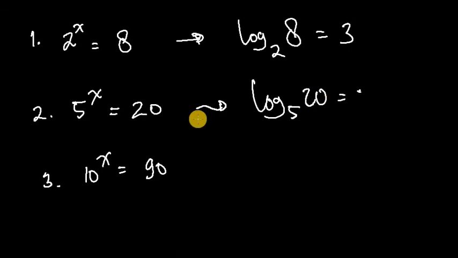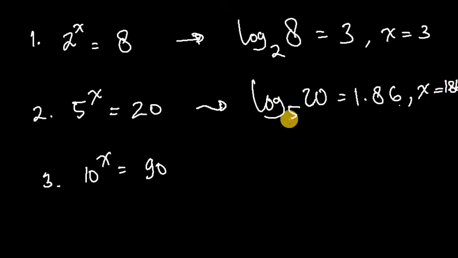If we calculate it, log base 5 of 20 equals 1.86. So over here, x equals 3, and over here, x equals 1.86.